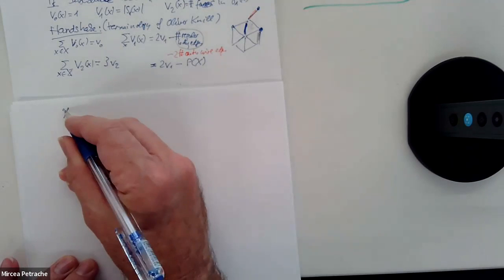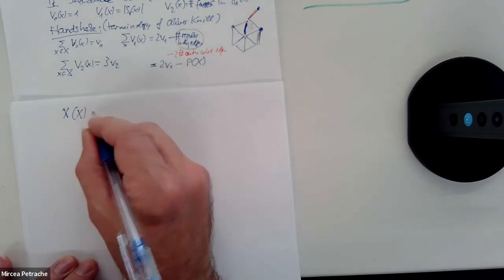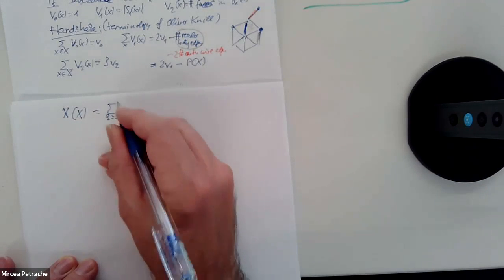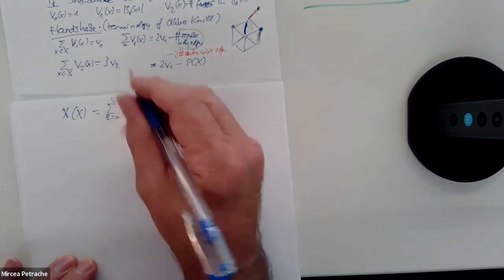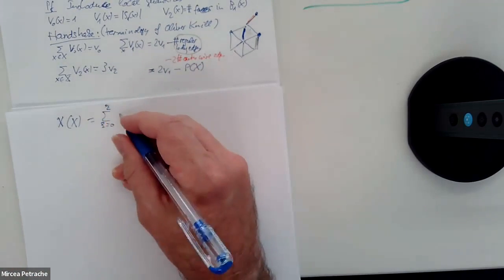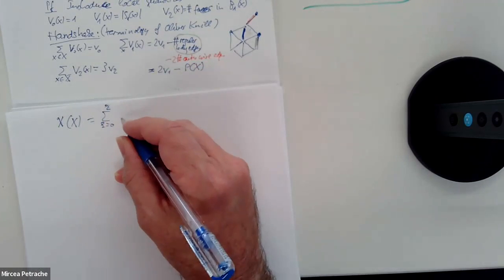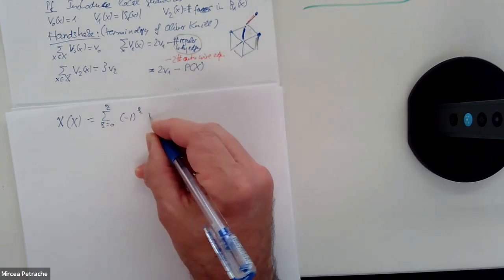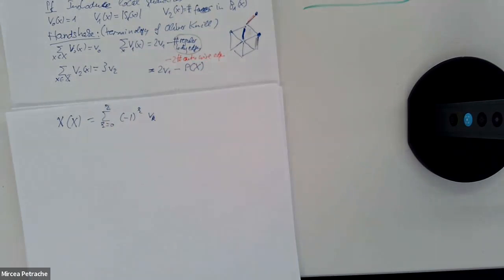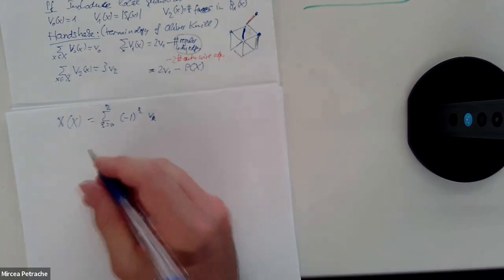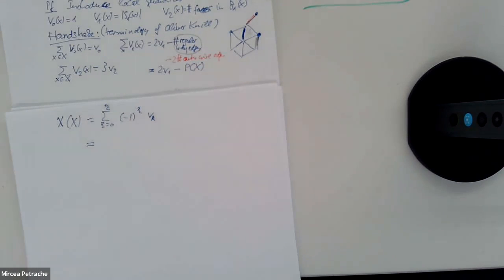The Euler characteristic is the sum, k equals 0 to 2, of minus 1 to the k times vk, the total number of k-dimensional simplices. The next thing we use is this handshake stuff.